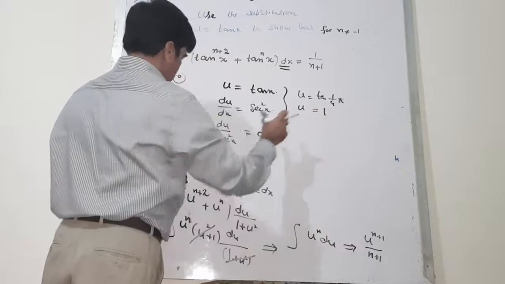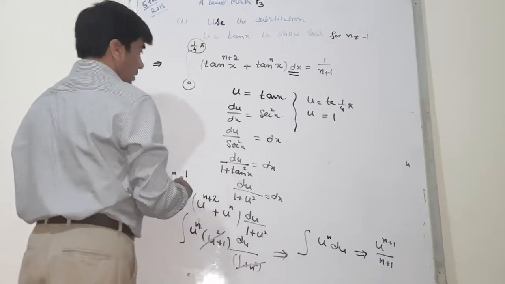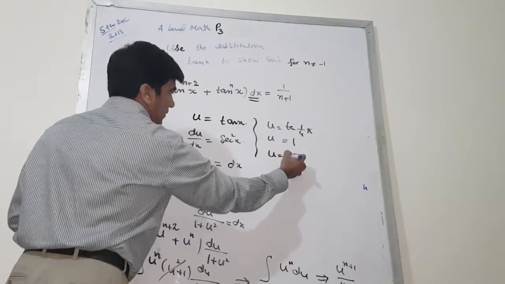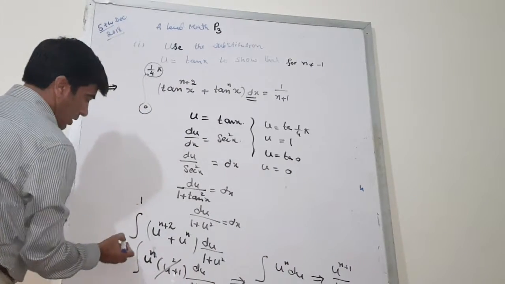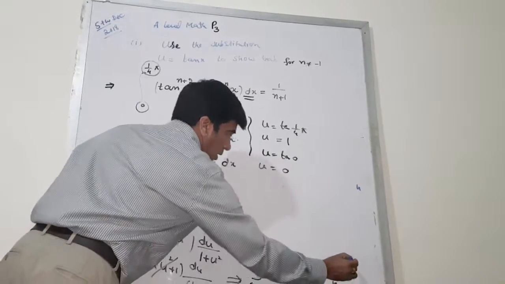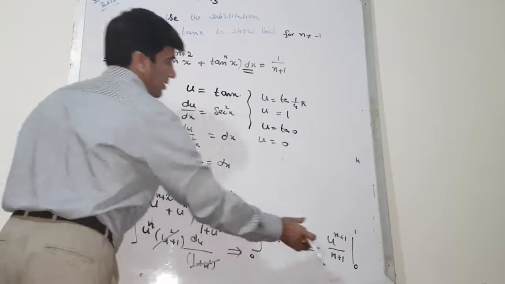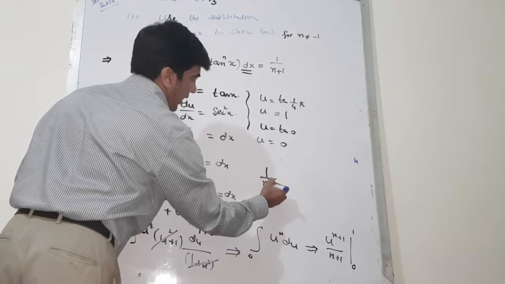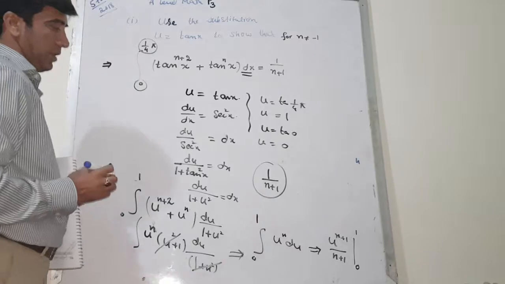So the upper limit is 1, and when x is 0, u is 0, so the lower limit is 0. So feed these values in this expression, you will have 1 over n plus 1, your answer.